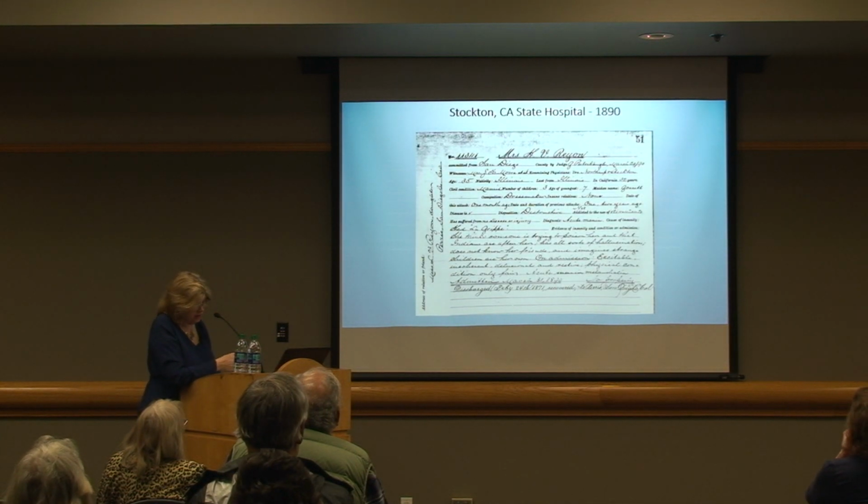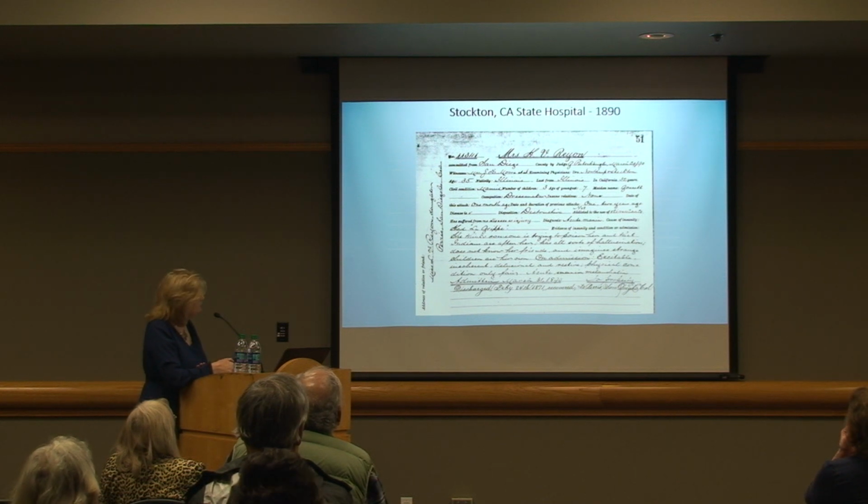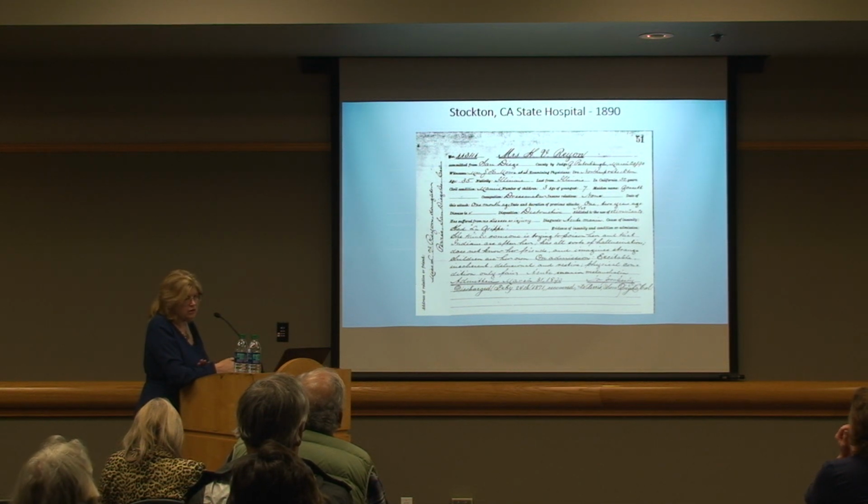You might also want to try looking for people in asylums. Here's an example of a lady, Mrs. Rayon, who was in San Diego and she was admitted to the Stockton State Hospital in 1890. The beautiful thing about this admission record is all the information it gives that you would have found on the census.